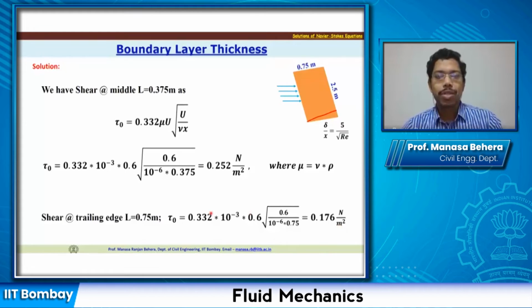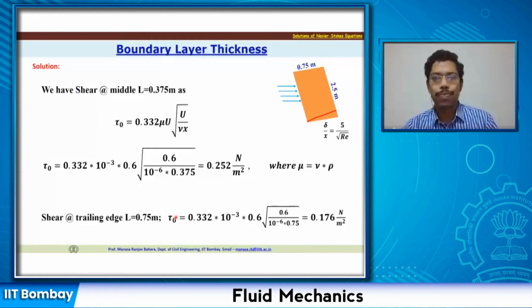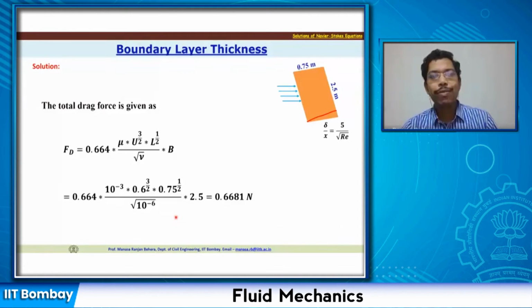Now we can find out what the drag force is. The drag force, which we wrote as D, is 0.664 mu u to the power 3 by 2 L to the power 1 by 2 over square root of nu, multiplied by the width B, because we derived the expression for unit width.